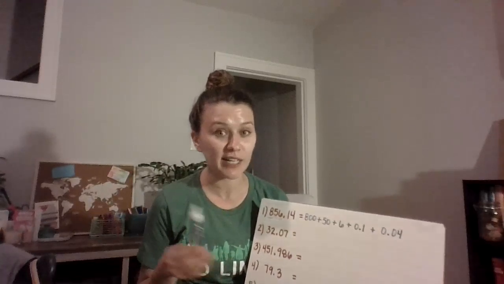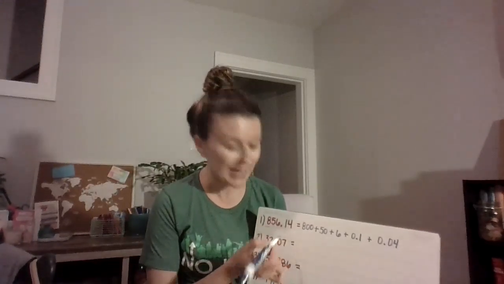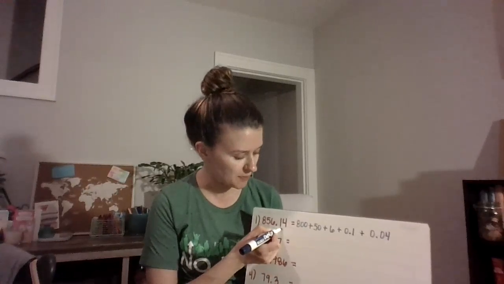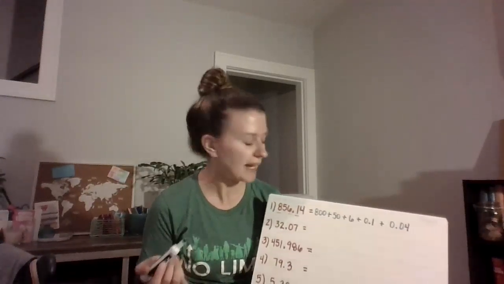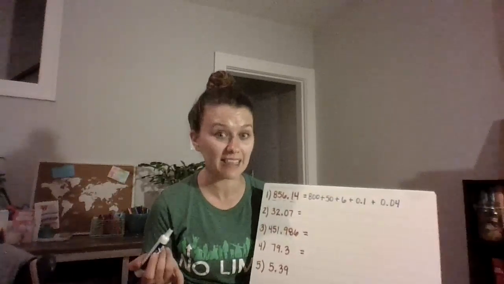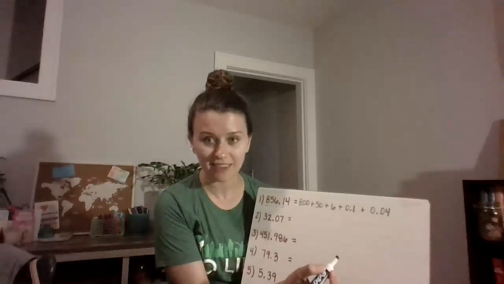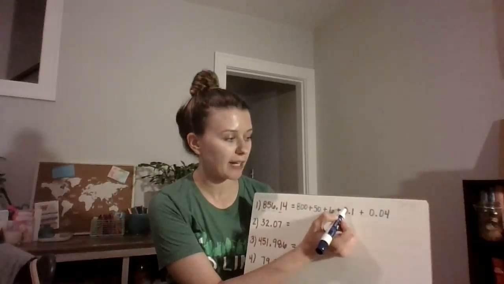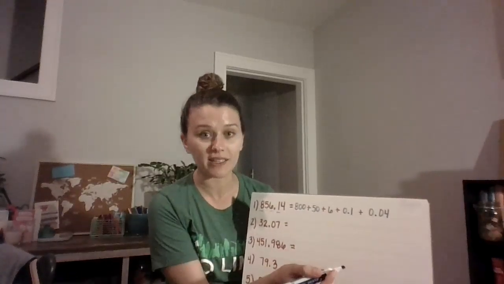Now we get into our decimal place values. And first I'm going to look in my tenths place right here. And I see that I have a 1 in my tenths place, which means I have 1/10. And to write that, I write a 0, my decimal point, and then 1/10.